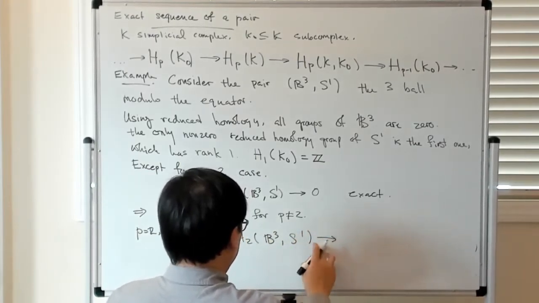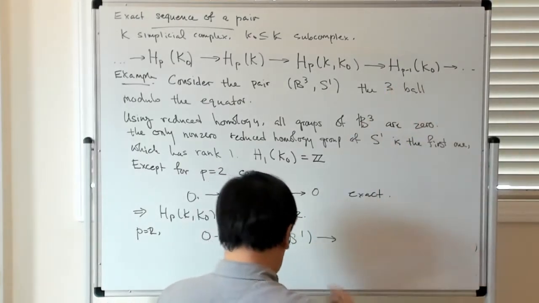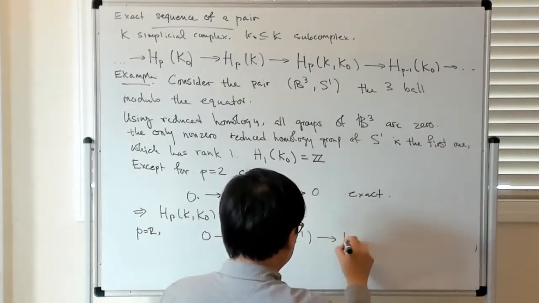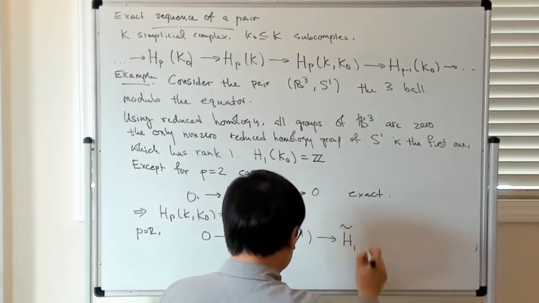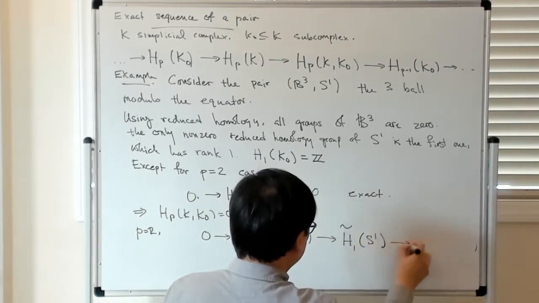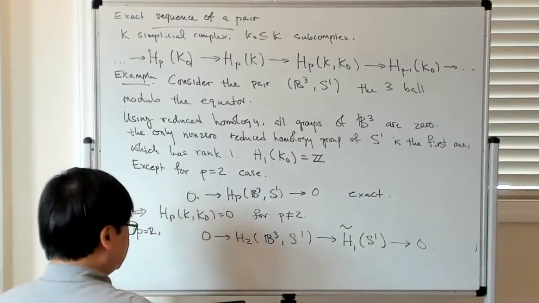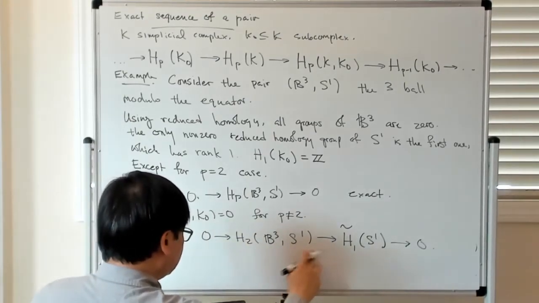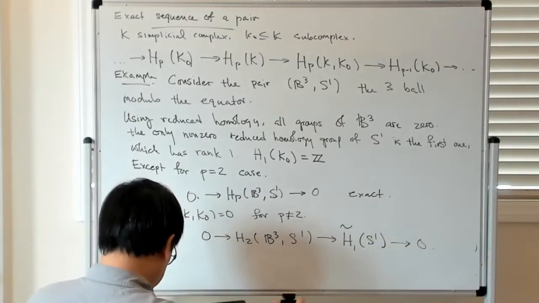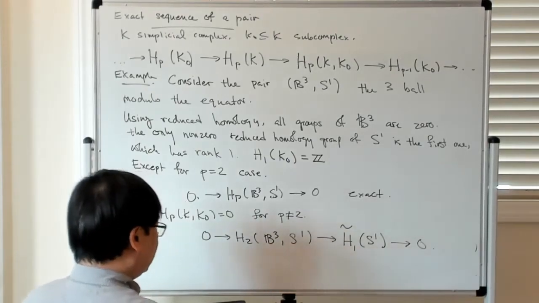Okay. All right, and then here again is this connecting homomorphism. And because this goes to H1, this is the reduced homology, right, which I denote by a tilde, on S1, then it maps to 0. Okay, so again, this has to be exact, right? So in order for this to be exact, this map here has to be both injective and surjective, right?